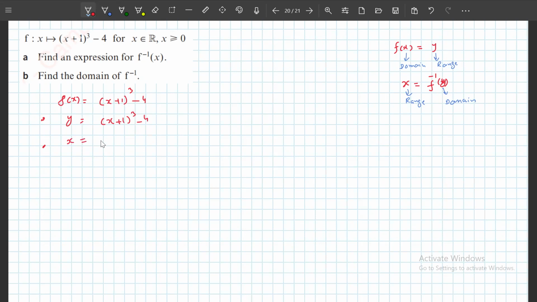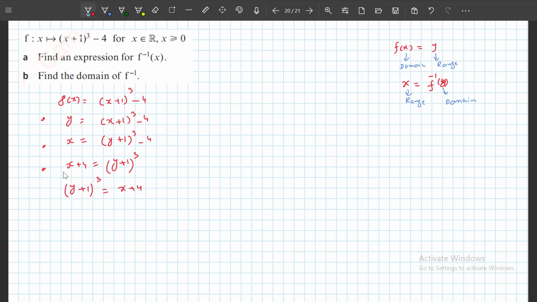Means in place of y I will write x, and y plus 1 whole cubed minus 4. After this, the third step, we have to make y the subject. Means x plus 4 is equal to y plus 1 whole cubed, or we can say that y plus 1 whole cubed is equal to x plus 4.